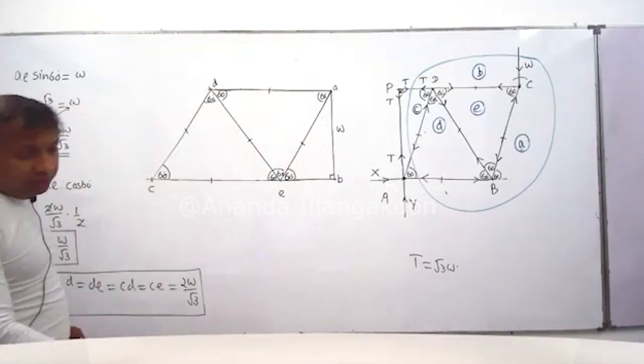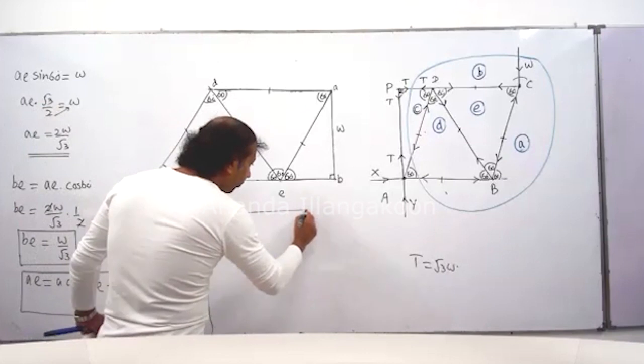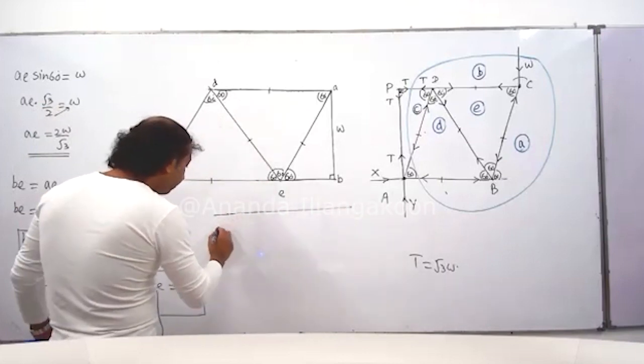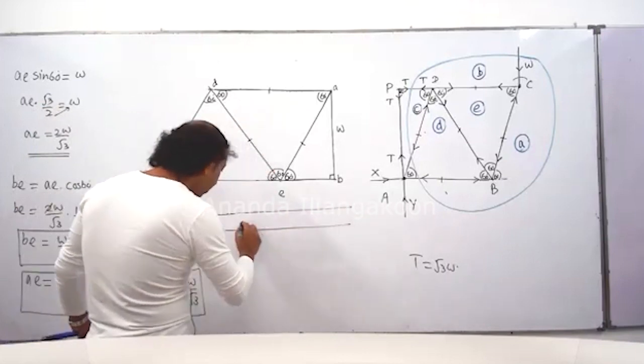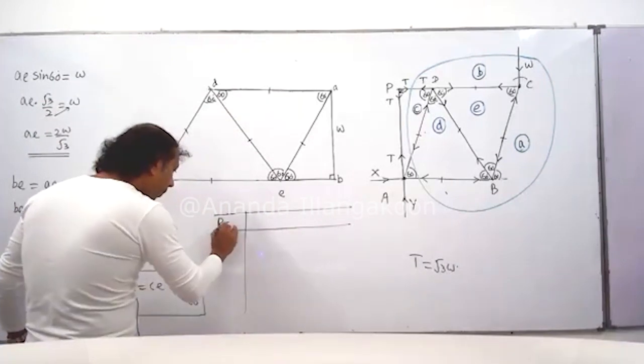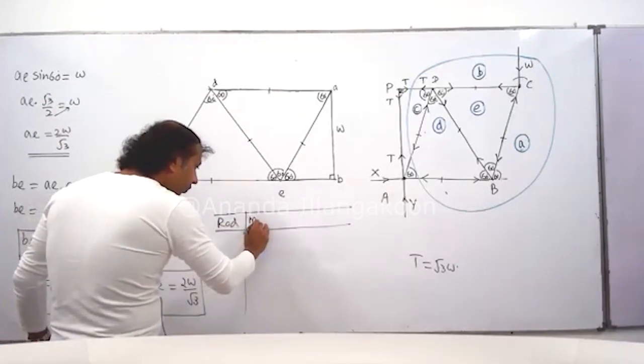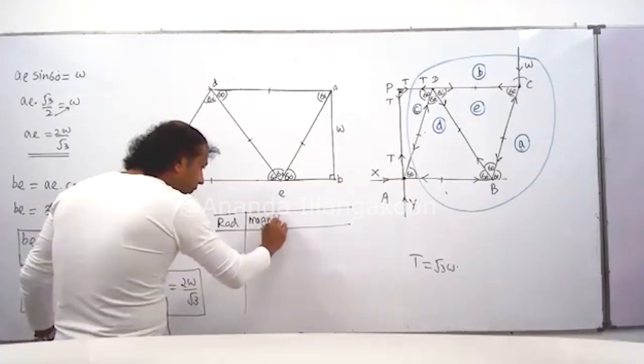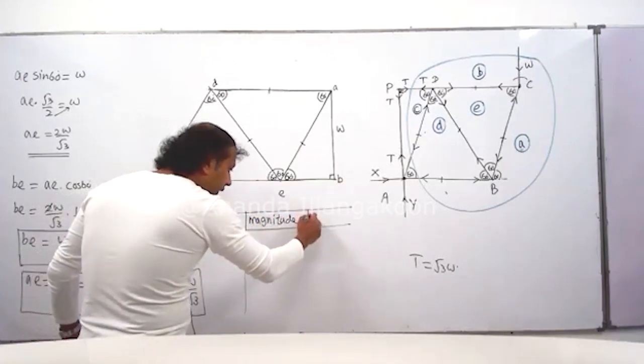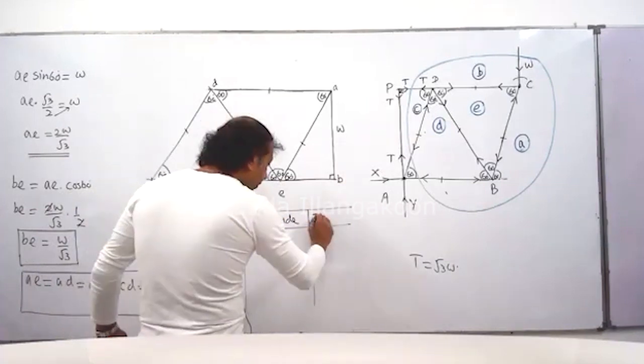Right. Now you can prepare what, the table. What the table? Here we put the rod. Here the force, magnitude. And this one, tension and thrust.